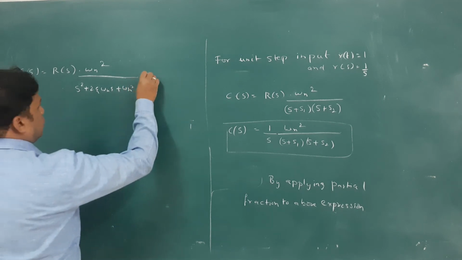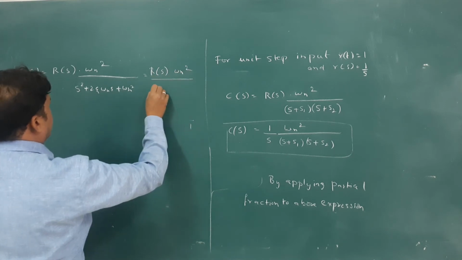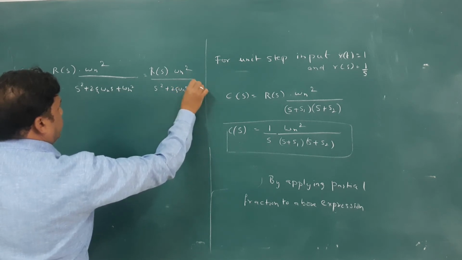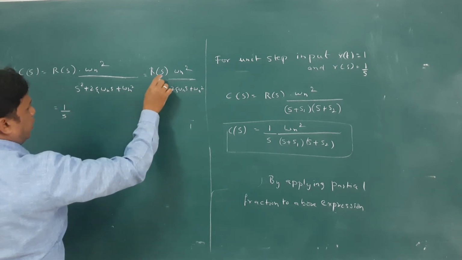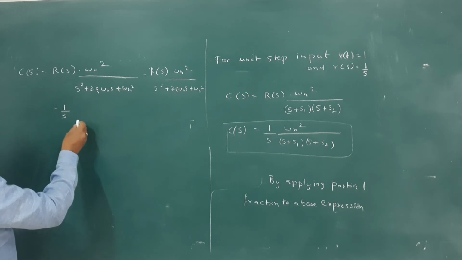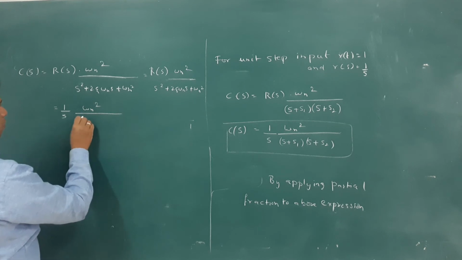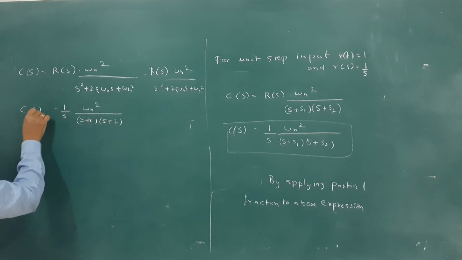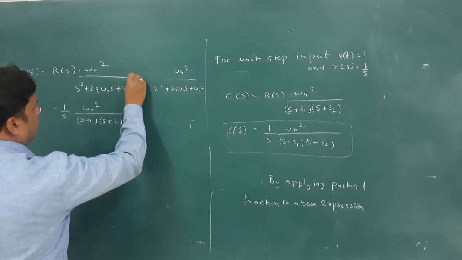R of s is 1 by s, into omega n square divided by s into (s plus 1) into (s plus 2).